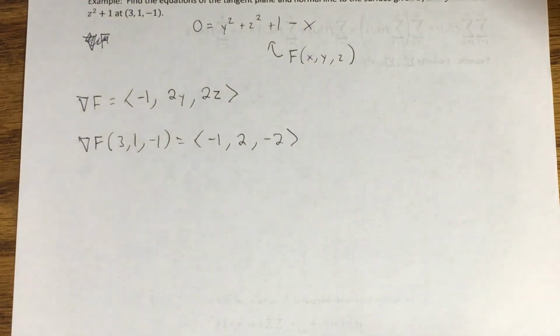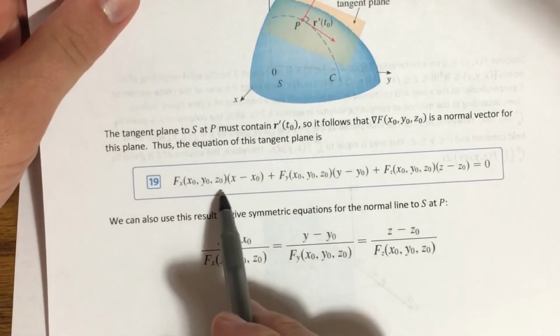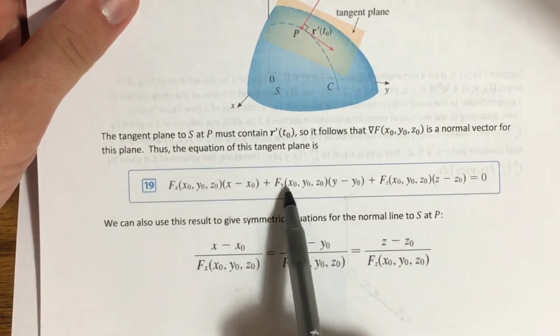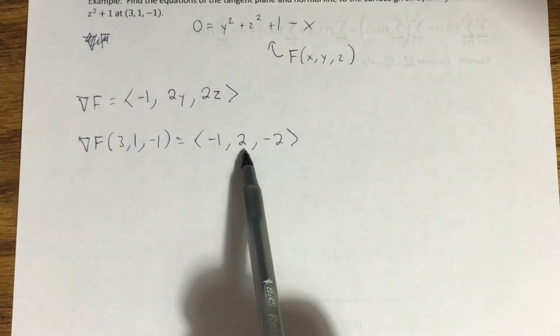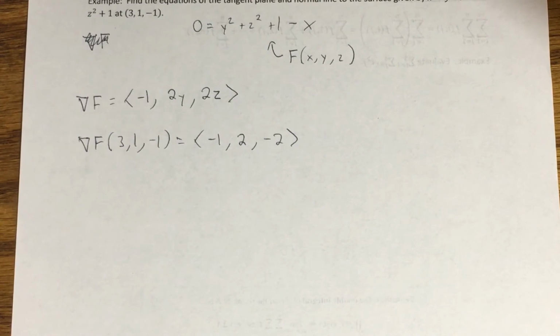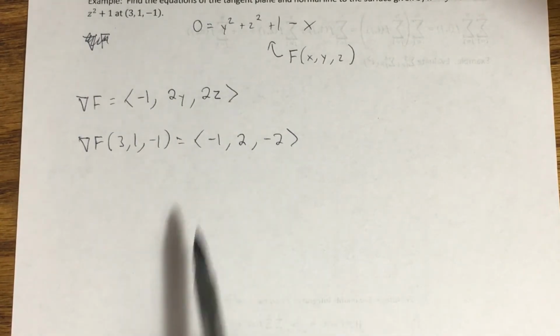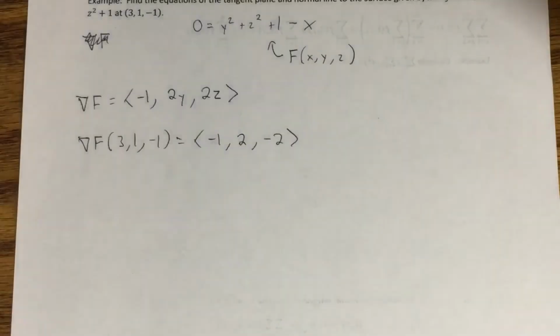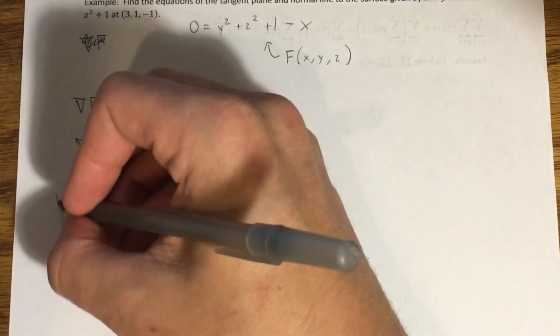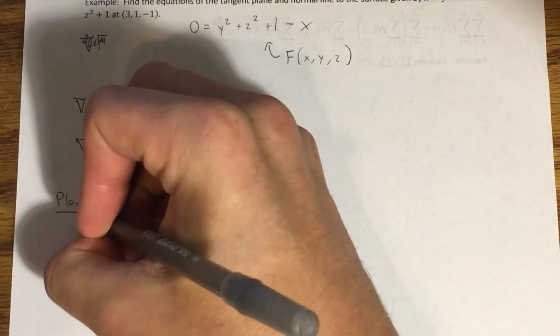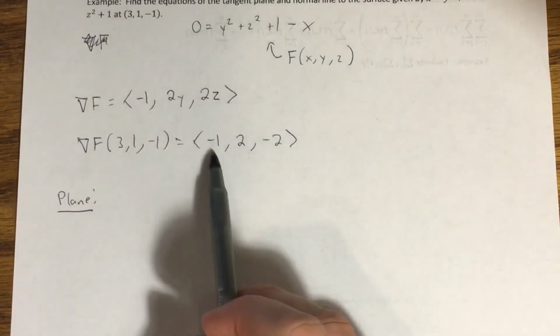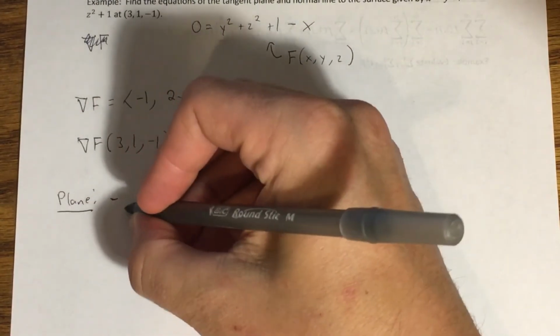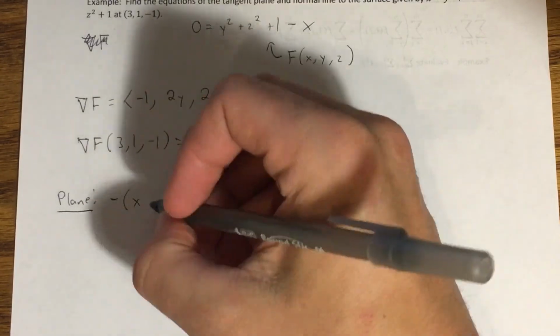Now, I need the equation of my plane. But the fx, fy, and fz, those are just the components of my gradient vector here. So that's fairly straightforward. I have all that stuff. And then the rest of this just looks like the equation of a plane. So let's get the equation of my plane first. I'm going to have -1 times x minus x naught.